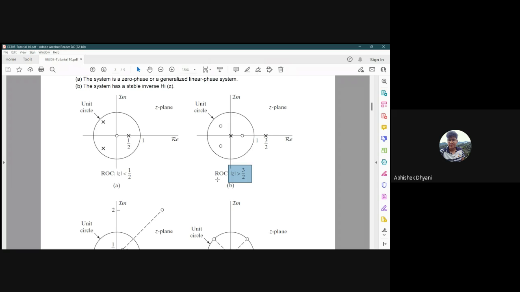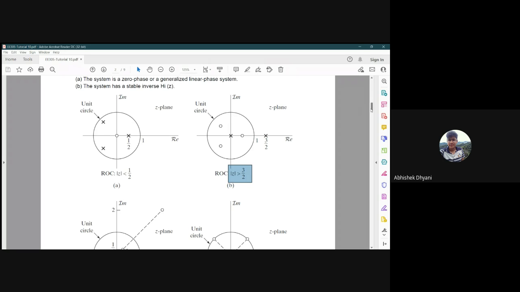So remember that since we are given an ROC, whenever we calculate the inverse, we must have the ROC of the inverse overlapping the ROC of H(z). In this case also we do not have zeros in complex reciprocal pairs.